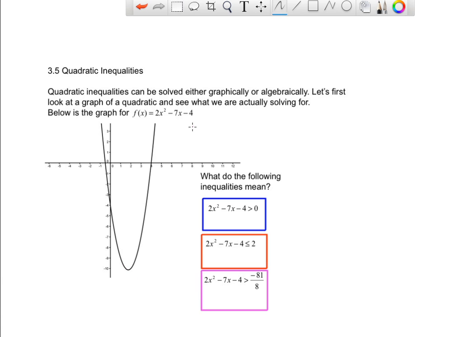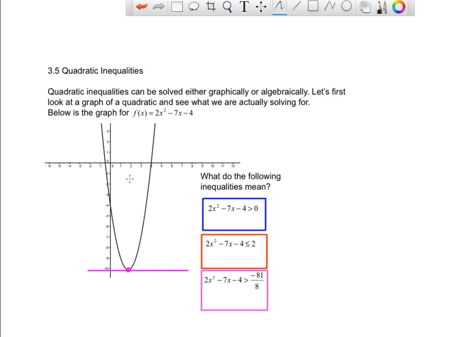So we are being asked for the function to be greater than negative 81/8. And the graph touches right there. So when is the function above that line? Well, almost always. It's above it over here, and it's above it over there.